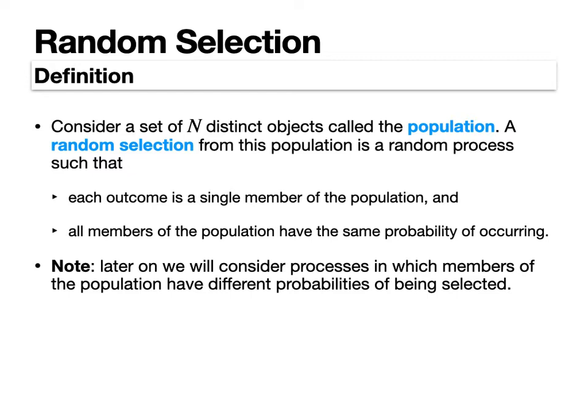So this phrase at random in a context like this means not only randomly, but in the most random way possible. And that turns out to mean in a way such that all outcomes are equally likely. Later on, we will consider processes in which the probabilities aren't equally likely.